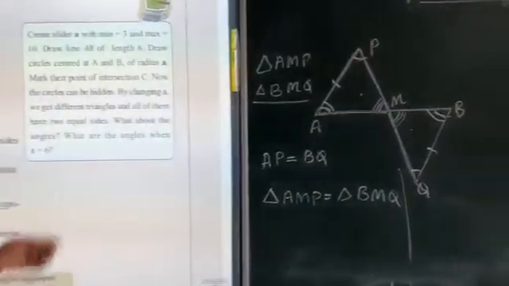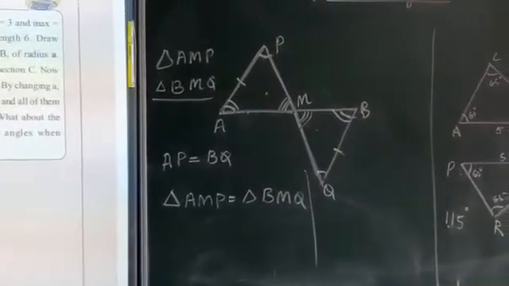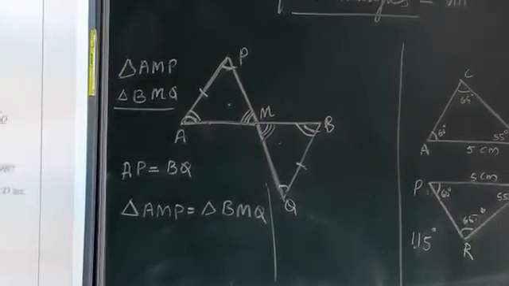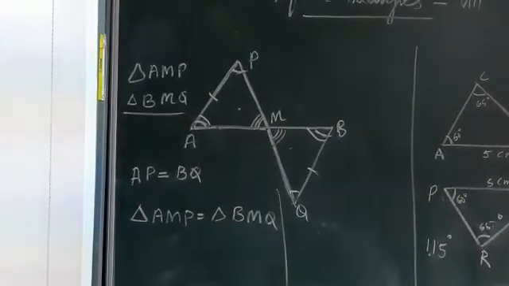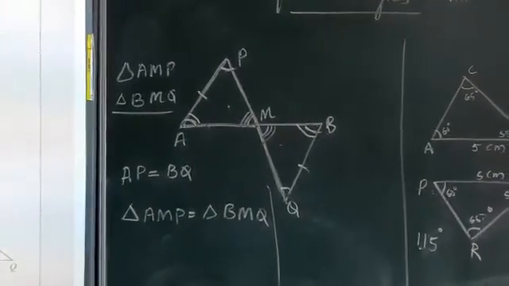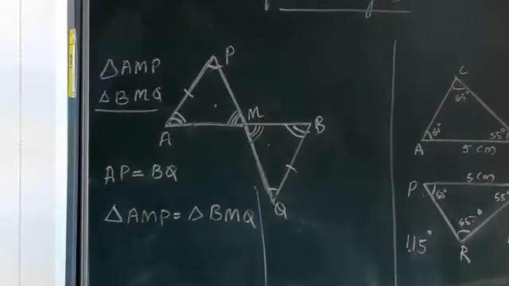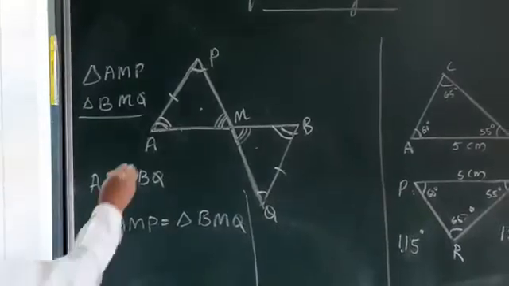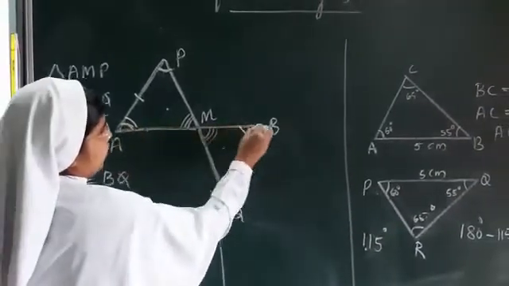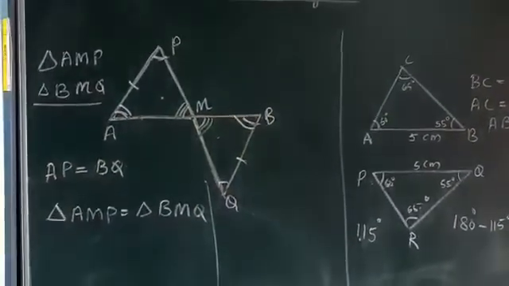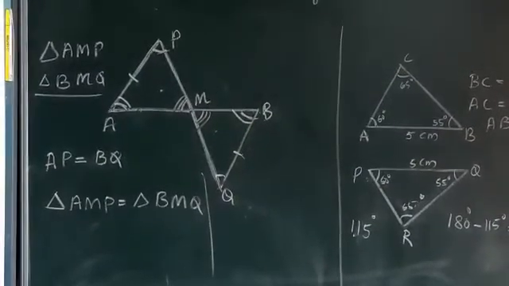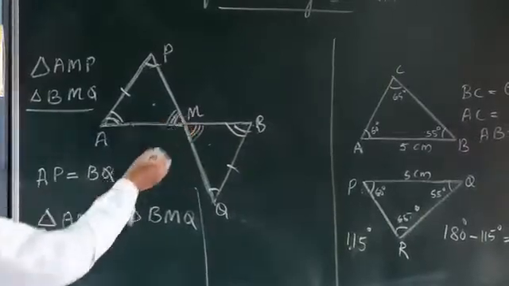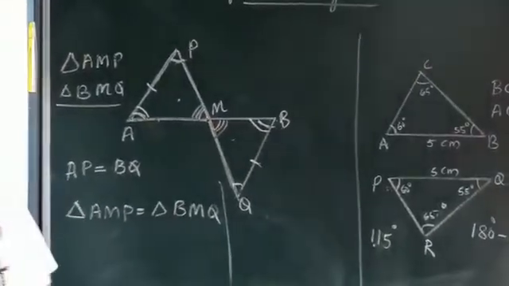Now what was the second part of the question? The second part of the question is, what is special about the position of M on AB? It is said in the question itself that the point of intersection of PQ and AB is marked by M. So that is the midpoint.